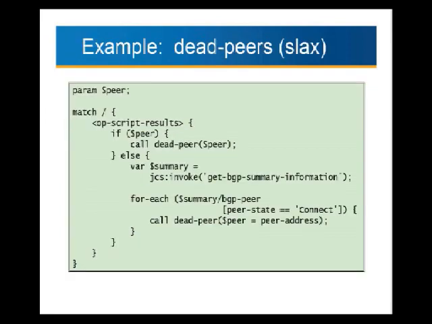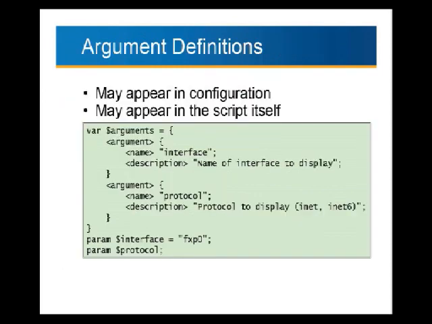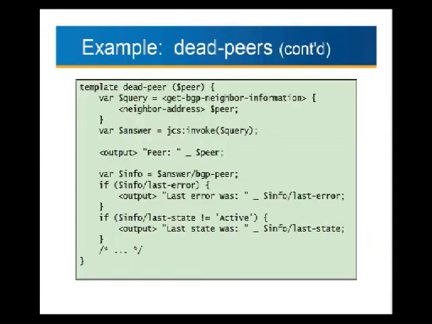So here's an example, a dead-peer script. You can either provide it with a peer or it will do a BGP peer summary information RPC, get back the result, look for every peer that's in the connect state, which is the state that BGP returns to when a connection fails. It will call dead-peer for that state. Whoops, wrong direction.